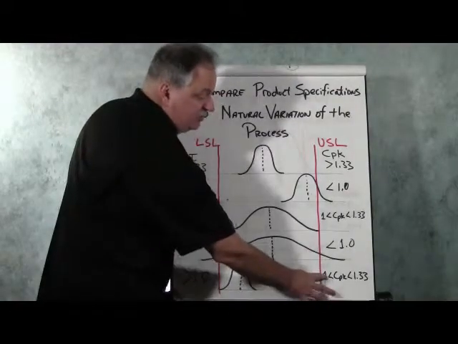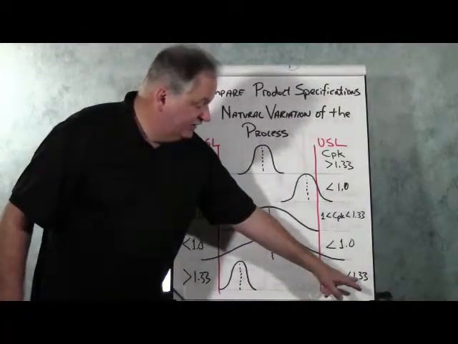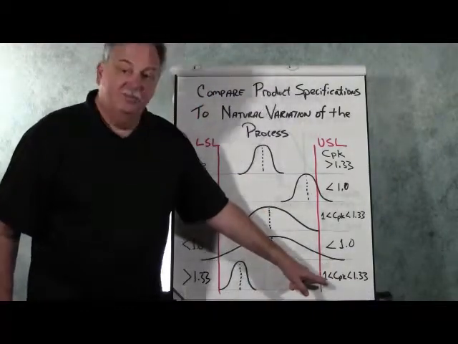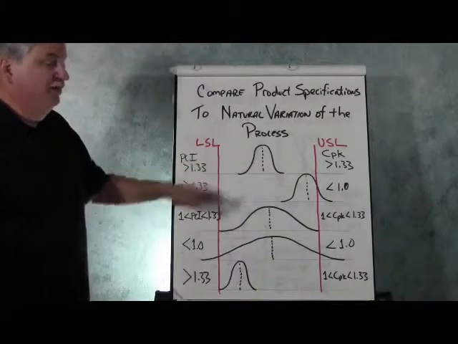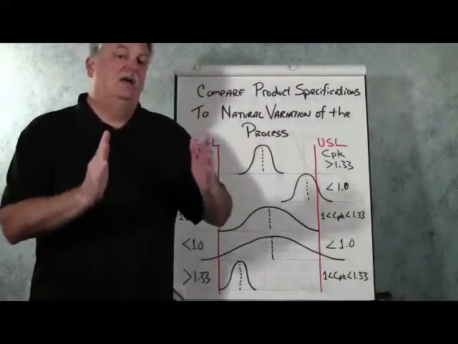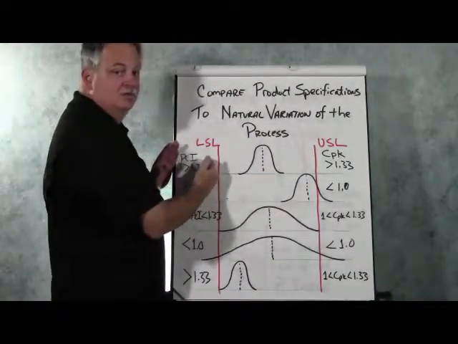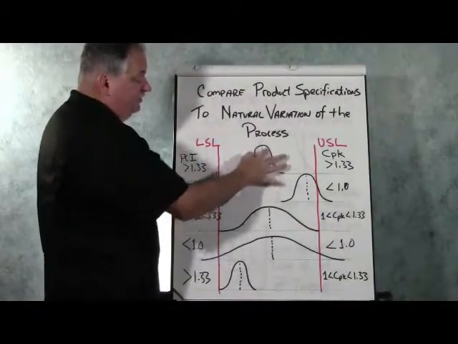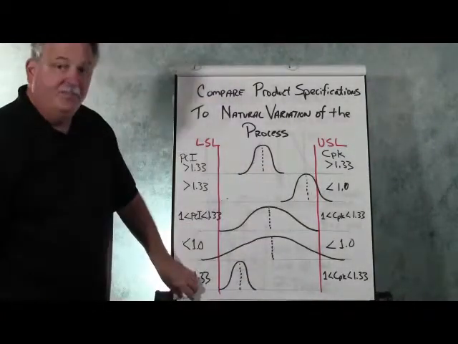That's the situation where the CPK is less than 1.33, but a little bit greater than 1. So those are the different scenarios that we could have depending on how much variation there is in our process as we compare it to the customer requirements, the customer specifications. This is what our process generates. These are man-made.